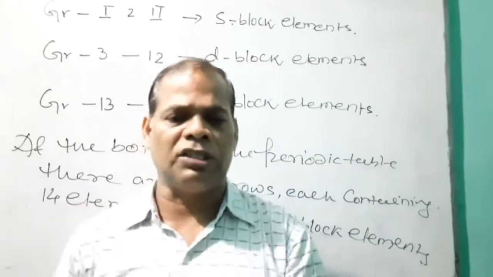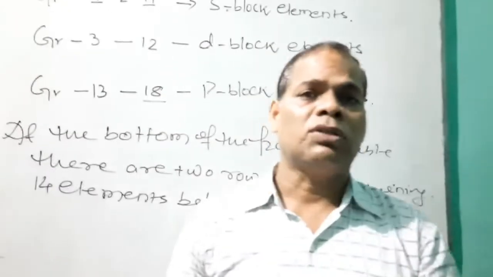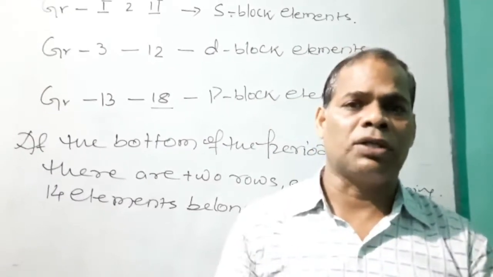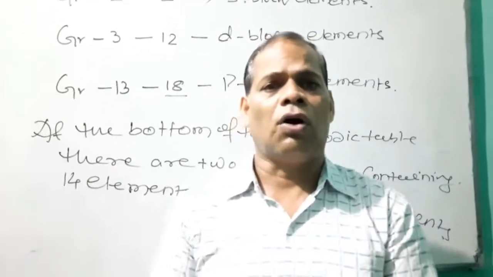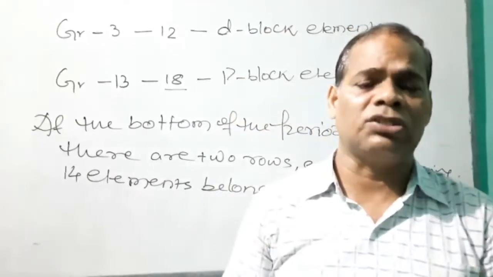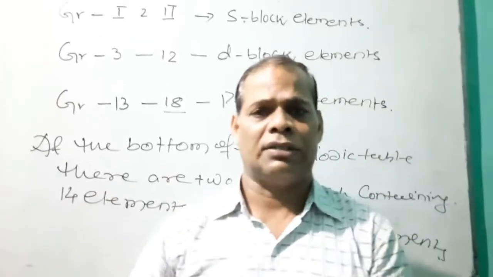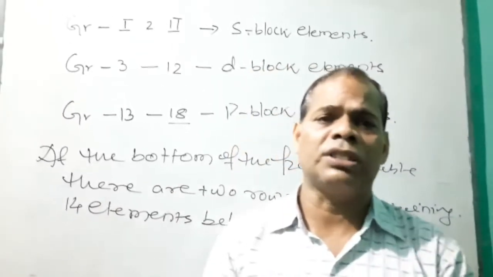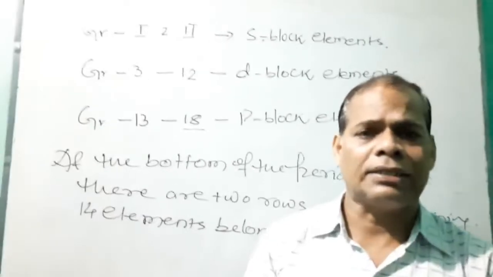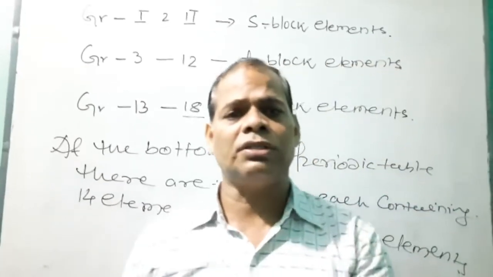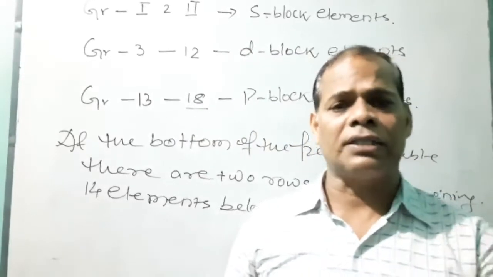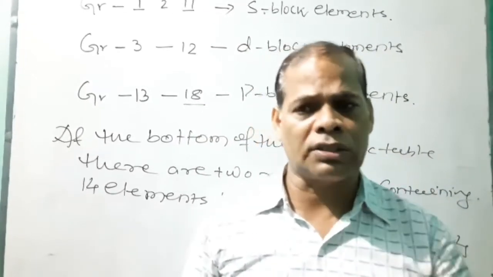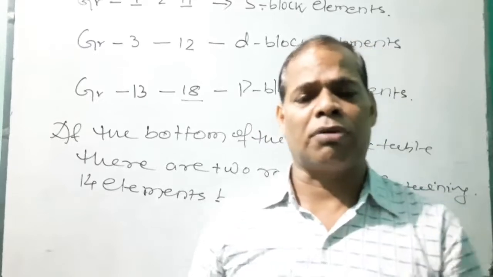And group 18: helium, neon, argon, krypton, xenon and radon are called zero group element or inert gas. Zero group because it has valency 0, because at ordinary conditions they do not take part in chemical reaction, they do not take part in bond formation.